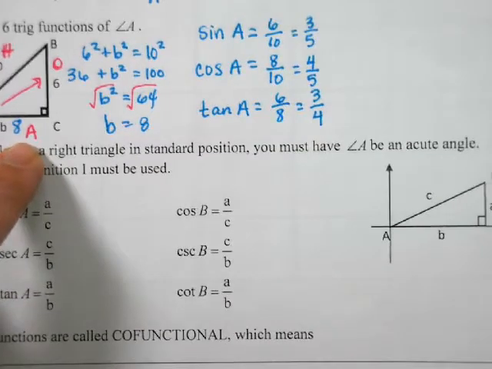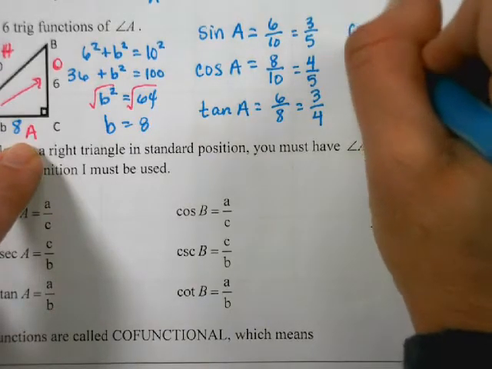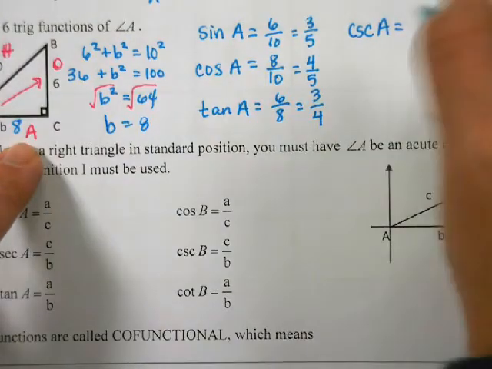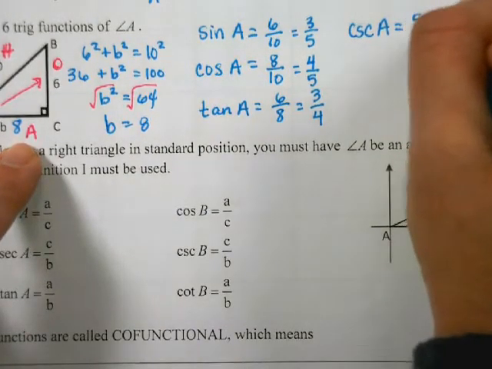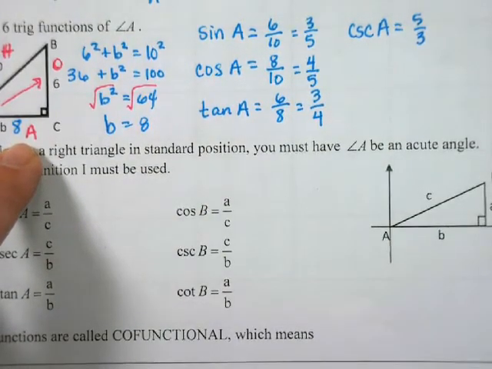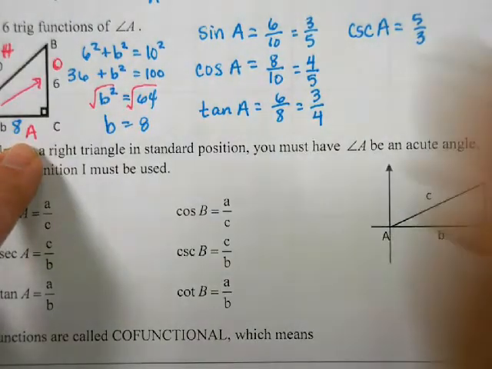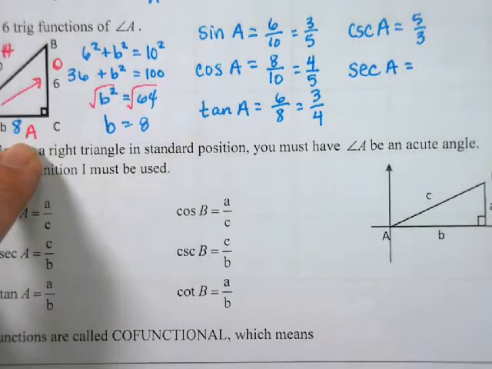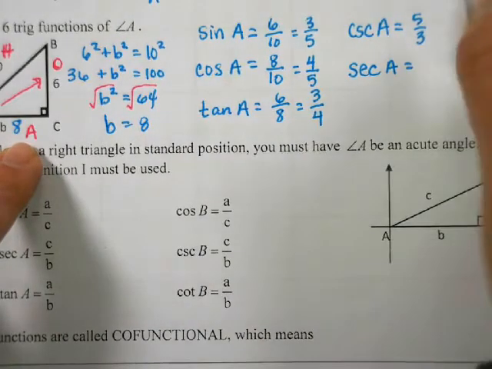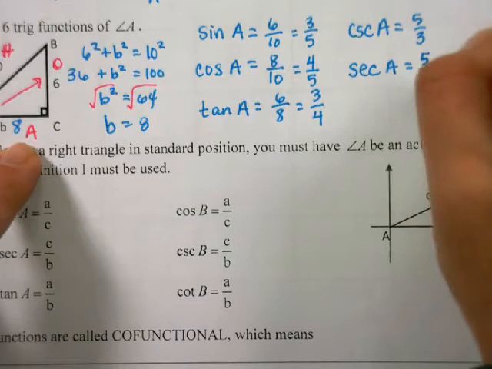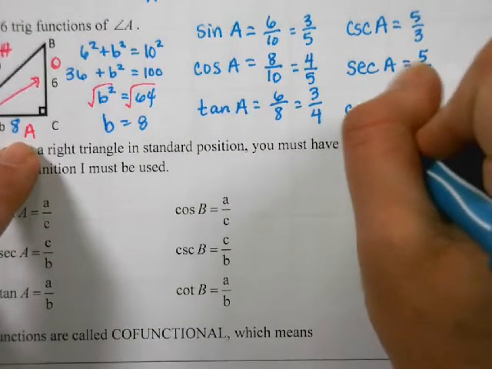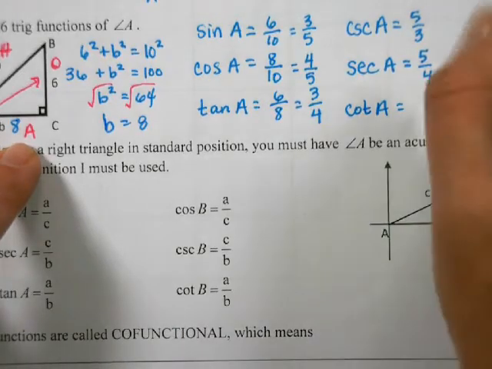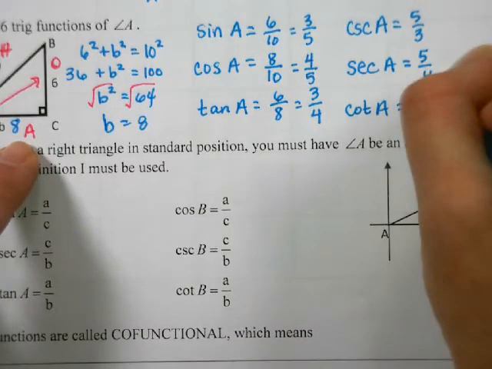All right, it said to find all 6, so here we go. Cosecant. What do I have to do to cosecant? Flip over sine, so that guy's 5/3. Secant of A. Flip over cosine. 5/4. Cotangent of A. Flip over tangent. 4/3.